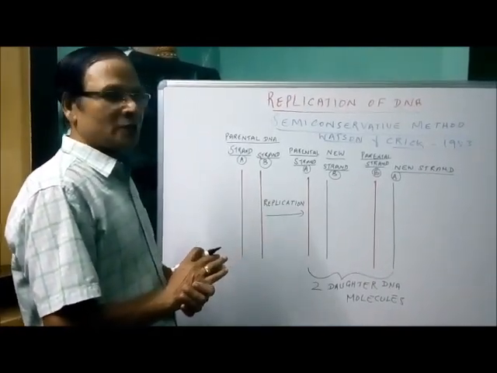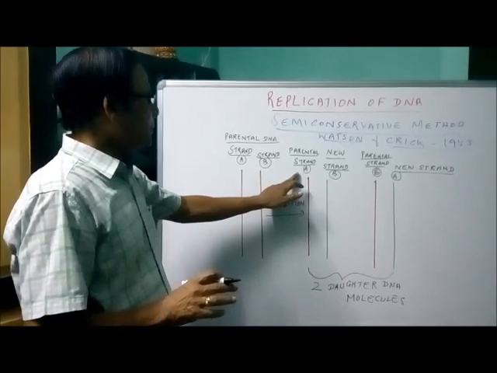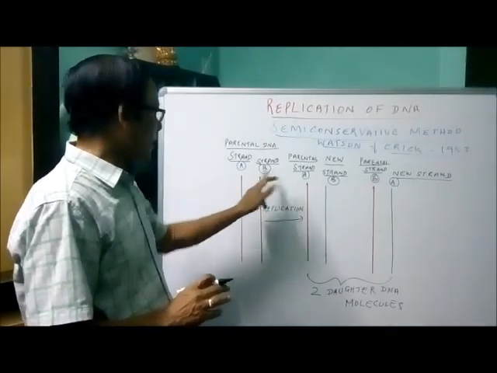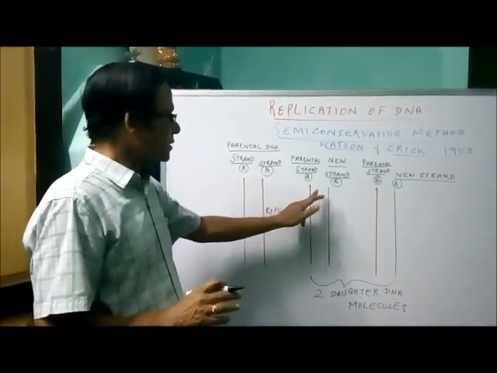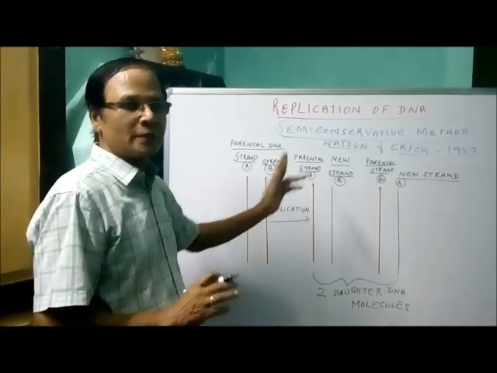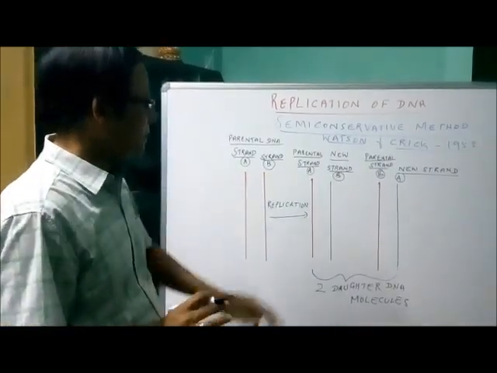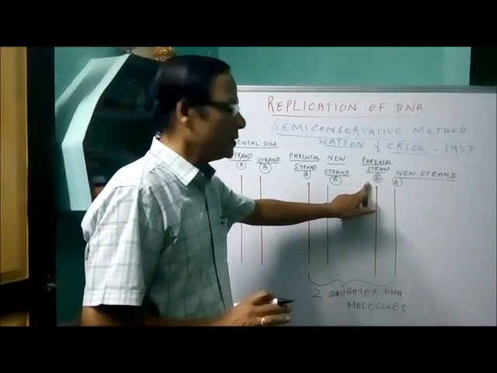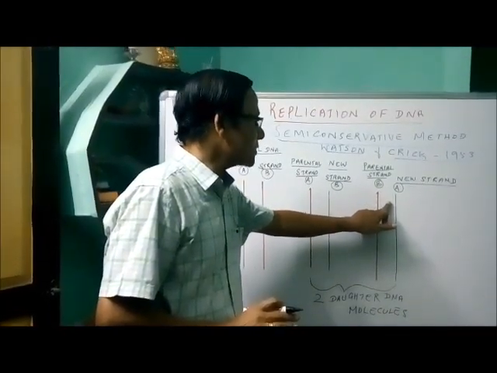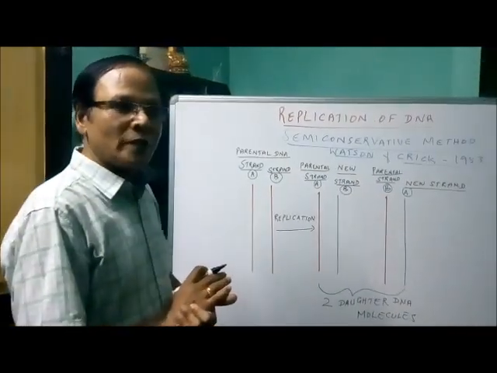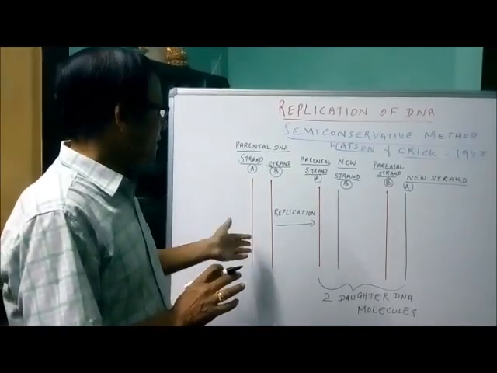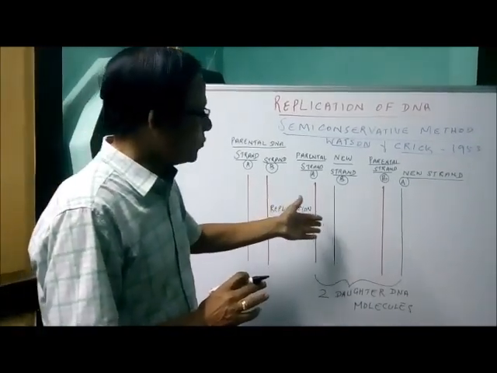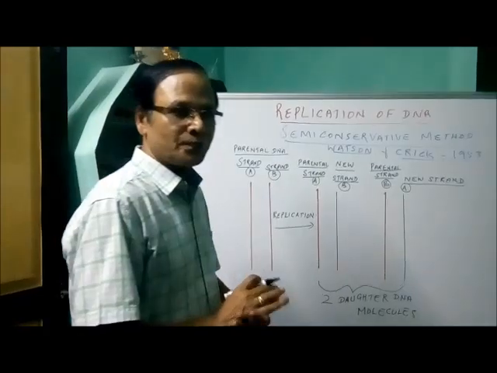During replication, the parental strand A synthesizes its complementary strand B. Similarly, the parental strand B synthesizes its complementary strand A. As a result, one DNA molecule gets converted into two DNA molecules.